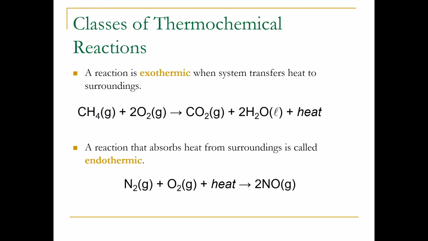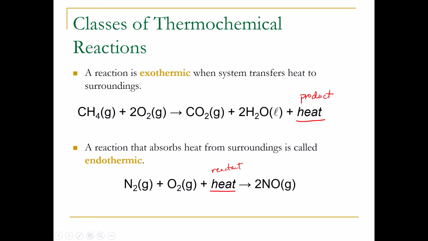For a chemical reaction, we indicate whether the reaction is endothermic or exothermic in a couple of ways. One way is we can just write the word heat as either a product or a reactant. In this example, it's on the product side, so we would say it's exothermic. It is leaving the system. We write it as a product, leaving. If we put it on the reactant side, then it's considered an endothermic reaction.